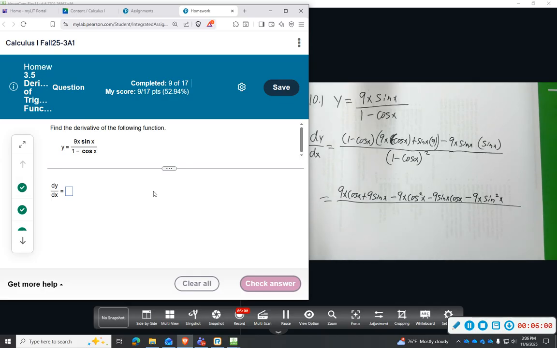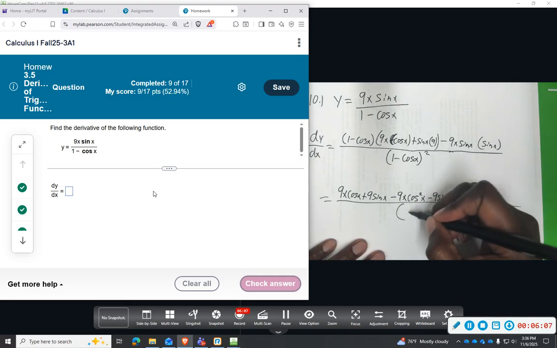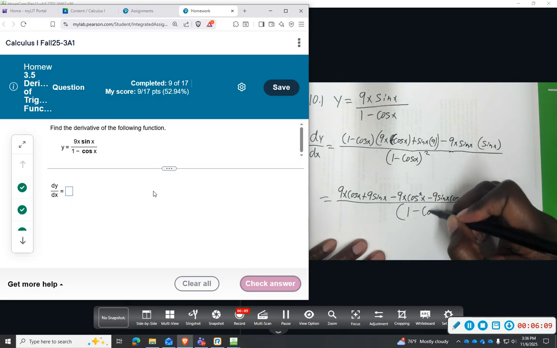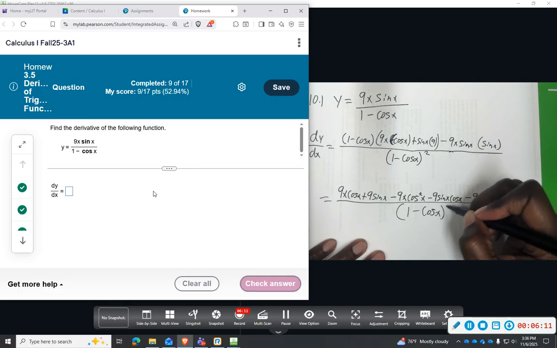Looks like something will factor, or should. Then this is all over 1 minus cosine x squared.